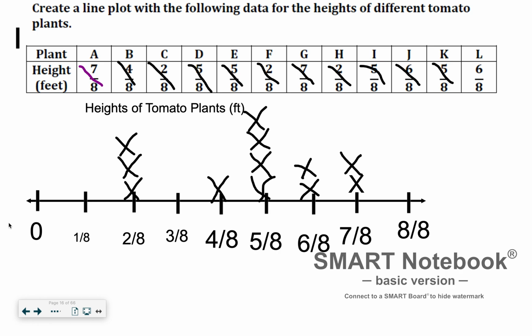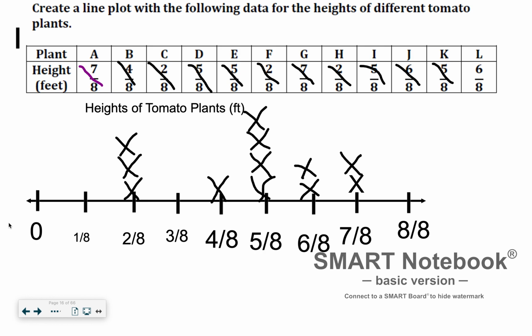Now I'm going to confirm that I have plotted 12 pieces of data. So I'm just counting the X's. 1, 2, 3, 4, 5, 6, 7, 8, 9, 10, 11, 12. Great. I have 12 X's. I did not leave any out. From this, we can see the most plants measured 5/8 feet because they have the most X's above it.